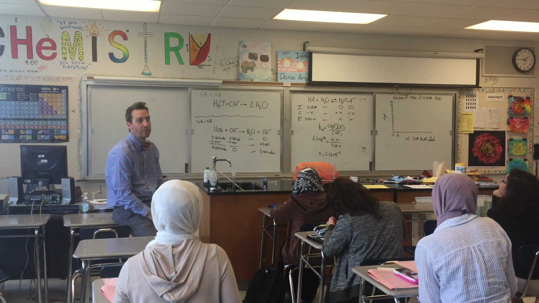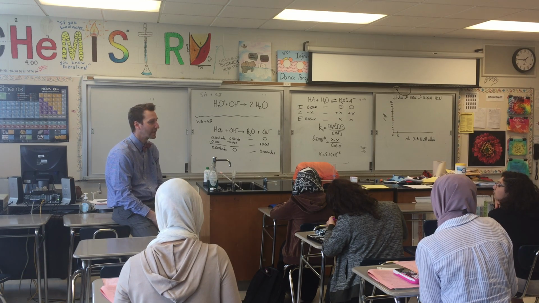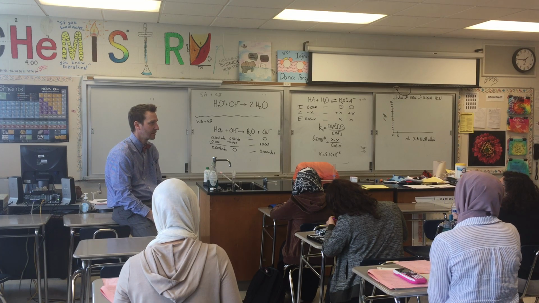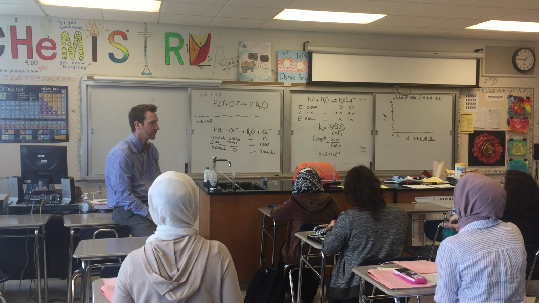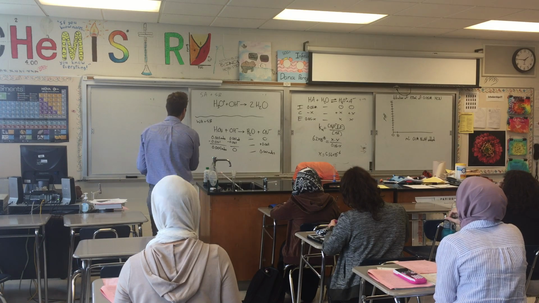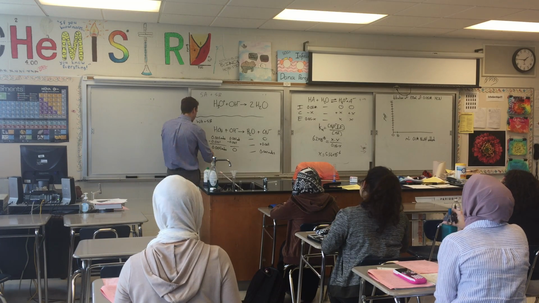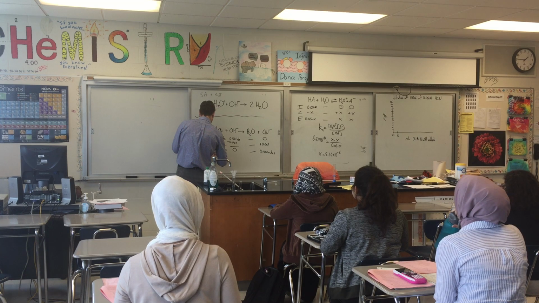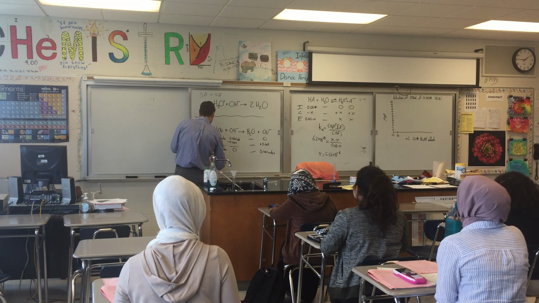Now, what we really need is the molarity of these things. So what's our total volume right now? 110 milliliters. So we have to take each of these and divide by 0.110.